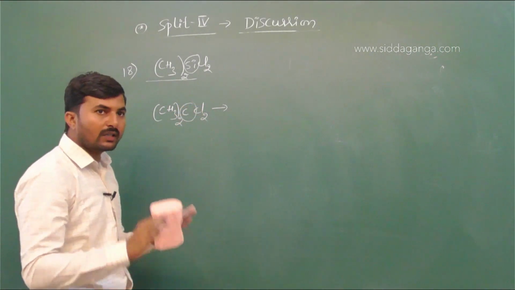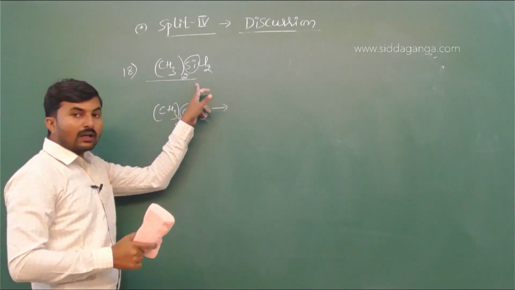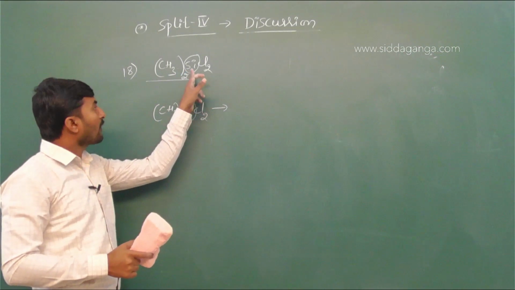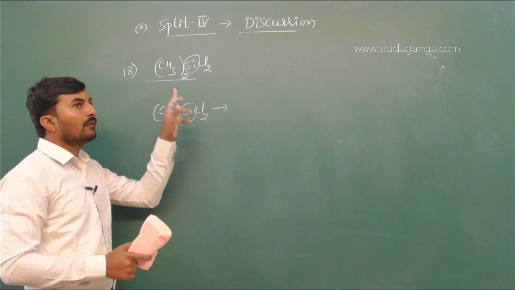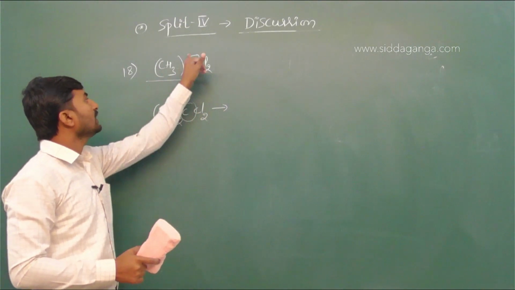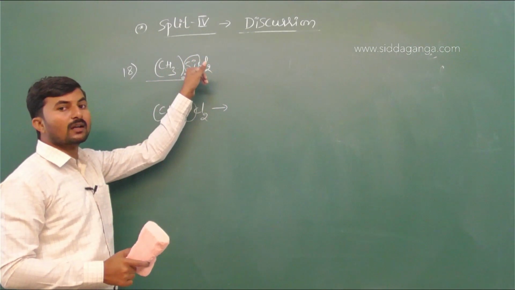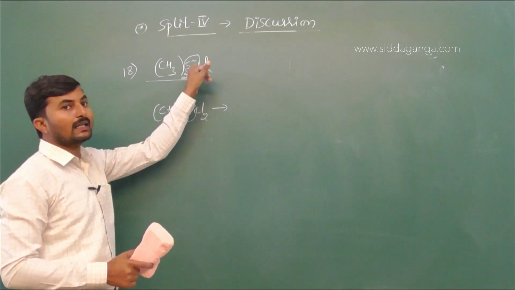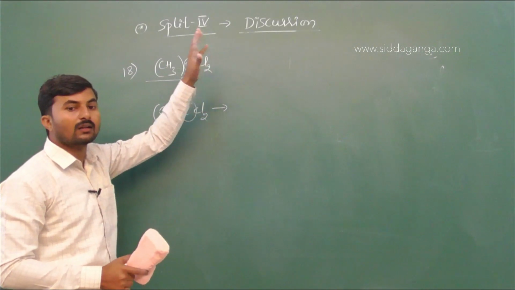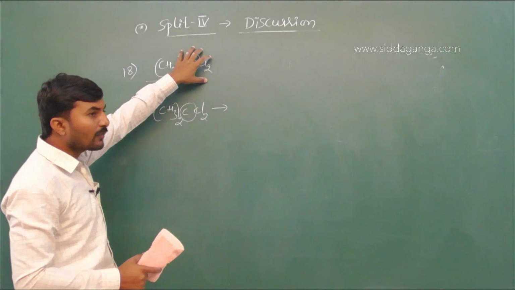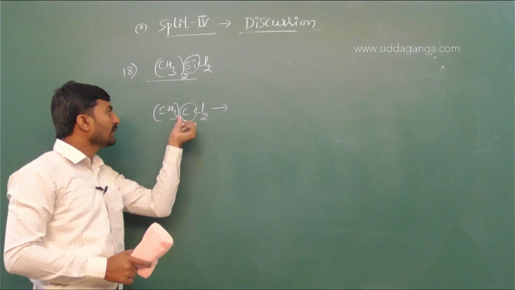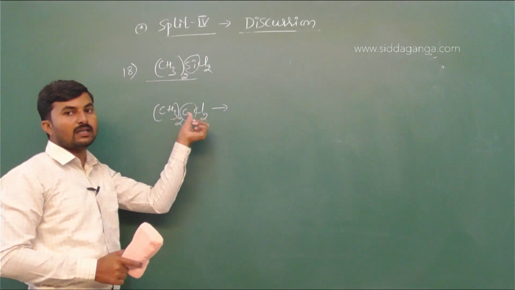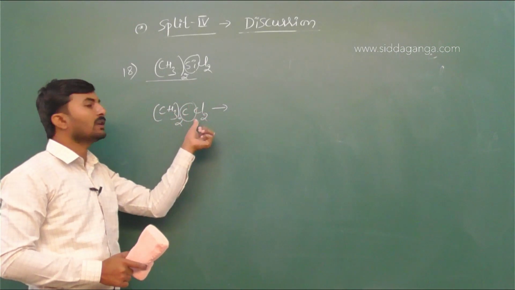Okay, as we already know the electronic configuration and atomic number of silicon and carbon, we can easily know that the d orbitals present in silicon are responsible for the hydrolysis of this particular molecule. But the same thing is absent for carbon. Here the d orbitals are not there.